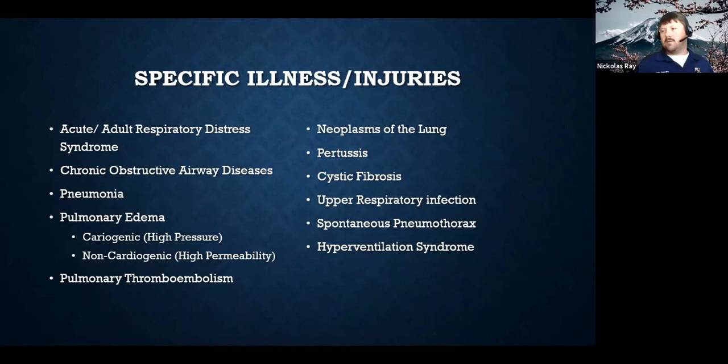Now there's also another disease process that comes along with this, and that's called cor pulmonale. Remember, the most common cause of right-sided heart failure is left-sided heart failure. But in this case, we're going to have right-sided heart failure that's caused by the increased vascular resistance of the pulmonary artery. That's important when it comes to differentiating the two.